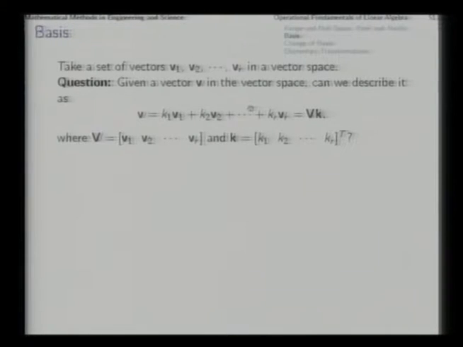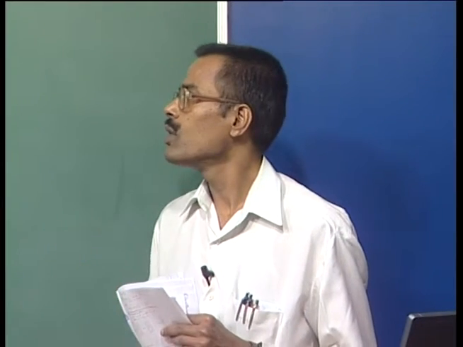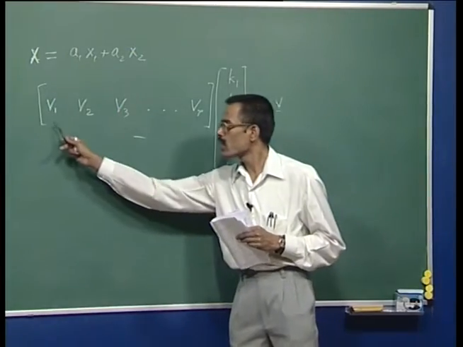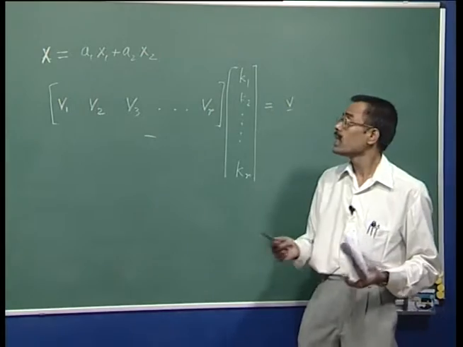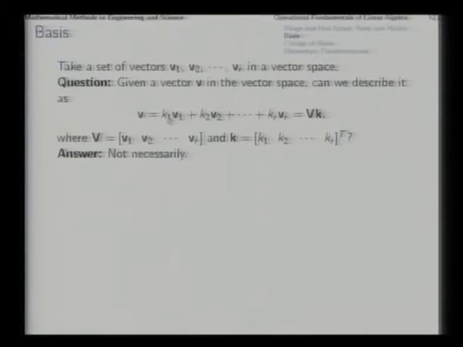Now the question has been raised, and the answer is that it is not necessarily always possible. If it is not always possible, then these vectors among themselves, in this kind of linear combination, will generate a subspace in the vector space.